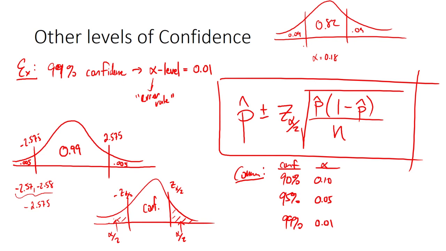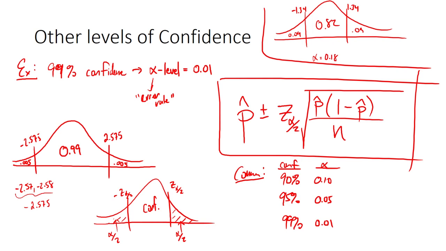And then you'd go to your table and look for 0.09 inside the table. And it looks like the closest you can get is about negative 1.34. So then you could just swap out 1.96 for 1.34, and that would be an 82% confidence interval. Why you would ever want to calculate an 82% confidence level is beyond me, but you could do it.